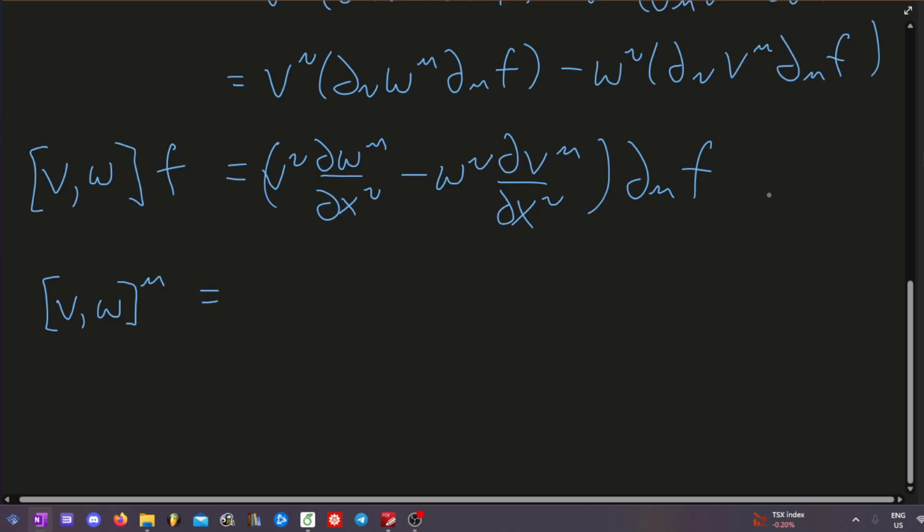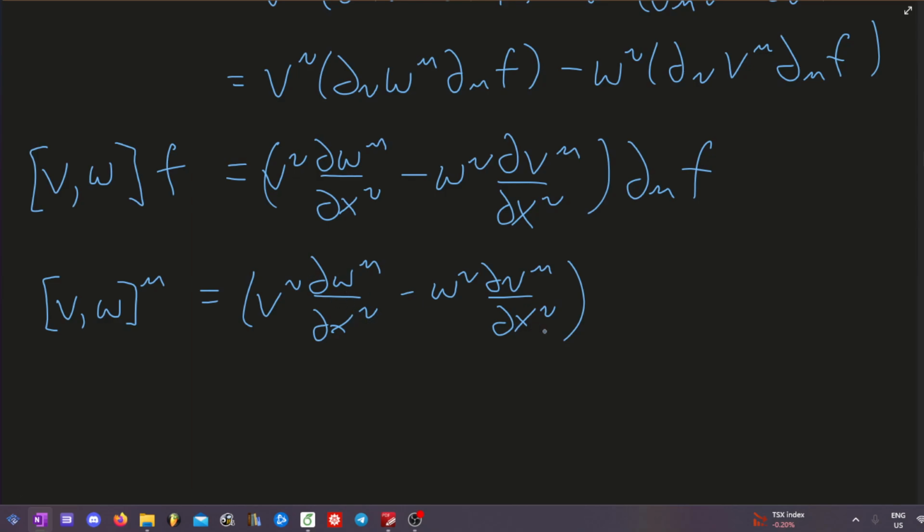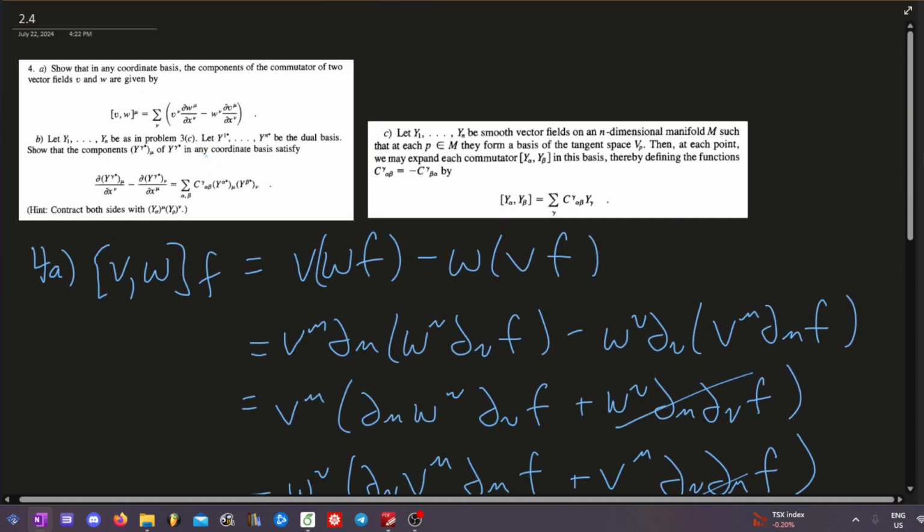So we're going to drop the del_mu f from the end, and we'll get something like this, which is what the problem had asked us to show. Note that there's an implicit sum over the repeated indices here. I think Wald actually writes the summation symbol in explicitly, but it's there.